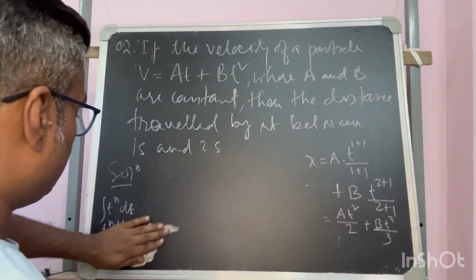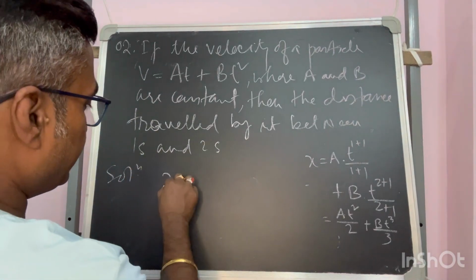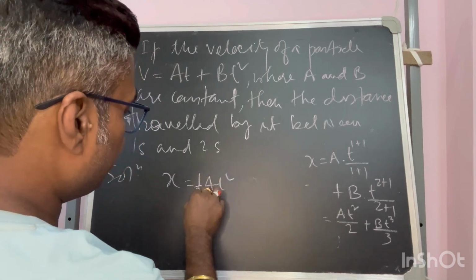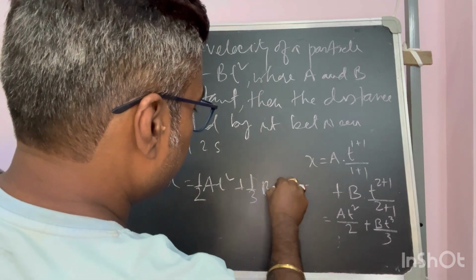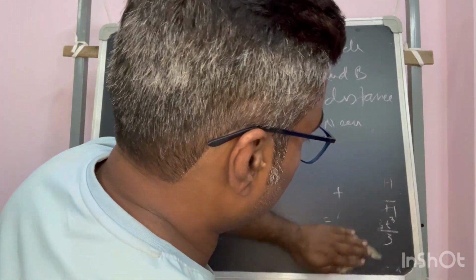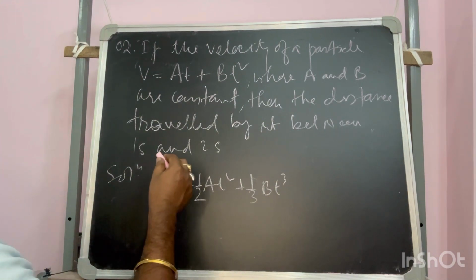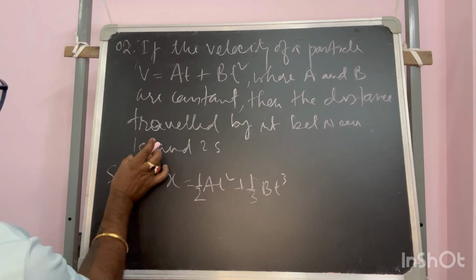So this will be the function of x. Ultimately what I will get is x as a function: half a t square plus 1/3 b t cube. This will be the function of x with respect to time. Now I have to find the distance traveled between 1 second and 2 seconds.